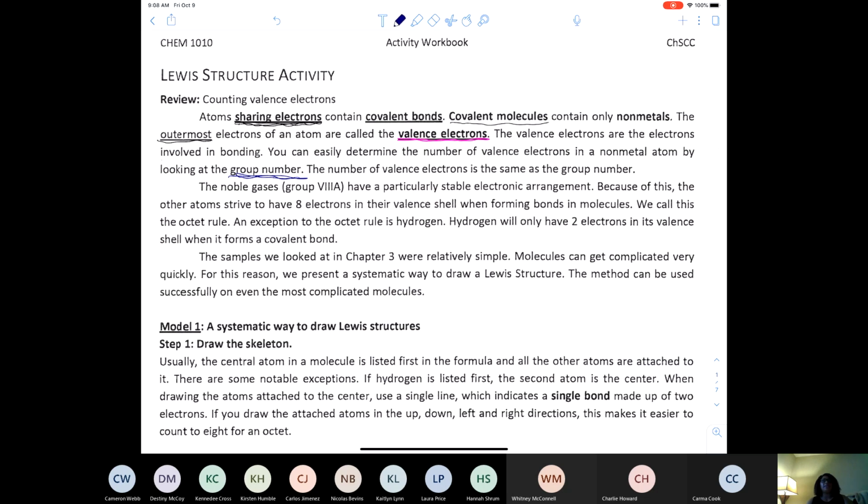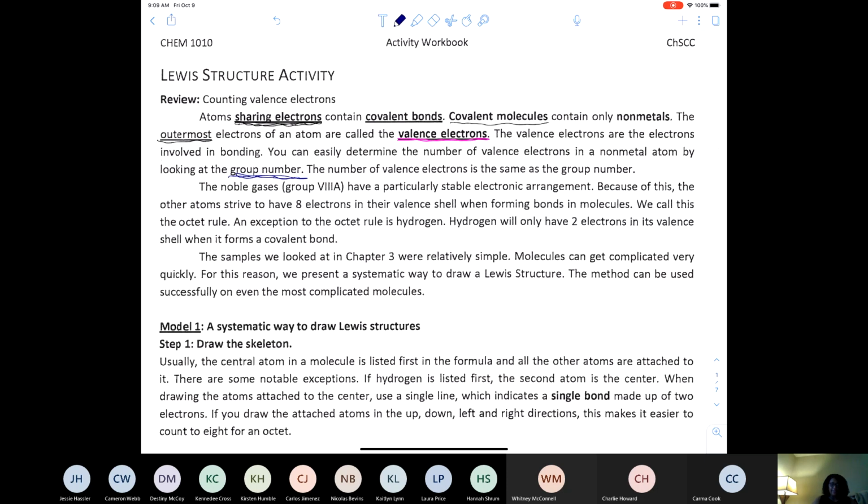Sulfur is also in group 6A. So sulfur also has 6 valence electrons. Hydrogen resides in group 1A and therefore has 1 valence electron. Chlorine, fluorine, iodine, all those elements that are called halogens, they reside in group 7A. So they have 7 valence electrons.